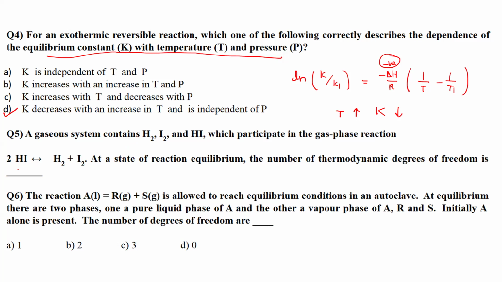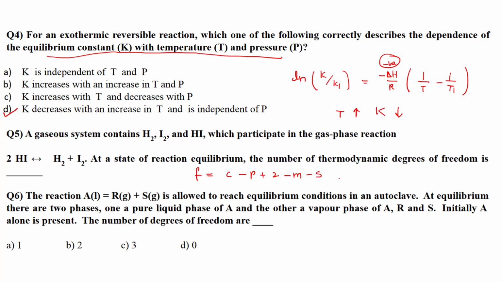Now a gaseous system contains H2, I2, and HI, which participate in the gas phase reaction given as 2HI reversible H2 plus I2. At a state of reaction equilibrium, the number of thermodynamic degrees of freedom is? So F is equal to C minus P plus 2 minus N minus S. Right, we have discussed this in the last week session.